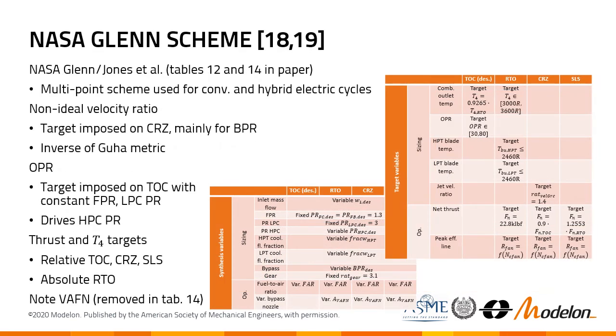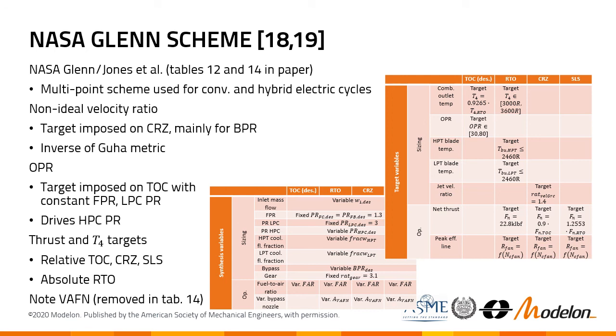The second academic state-of-the-art multi-point scheme discussed here came out of NASA Glenn and was suggested by Jones and colleagues. This has also been used for several types of conventional and unconventional cycles. The main features here are the use of a non-ideal velocity ratio, OPER with a constant SPR and LPC pressure ratio to define the HPC pressure ratio, and T4 targets.